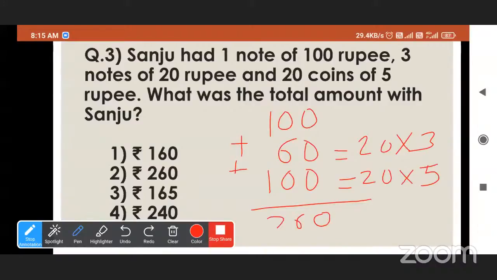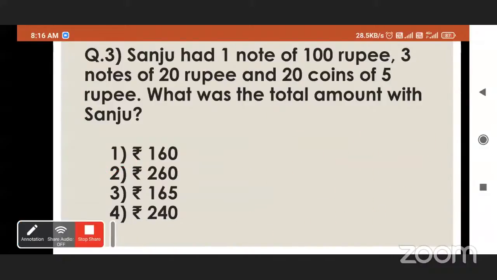And 1 plus 1 is 2. So the total amount is 260 rupees. So which option is right? Second one. So the total amount with Sanju is 260 rupees.